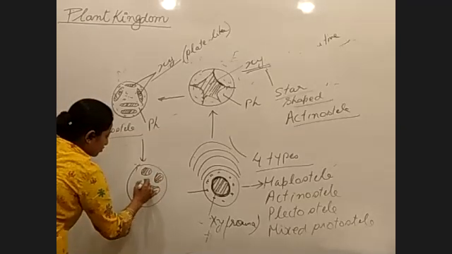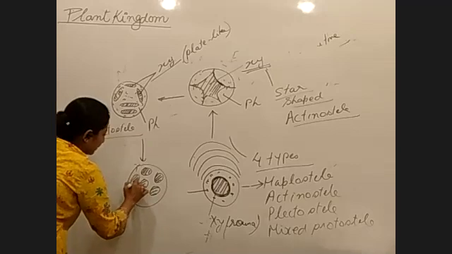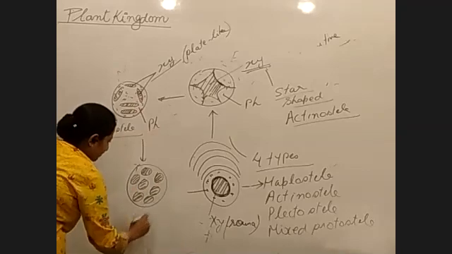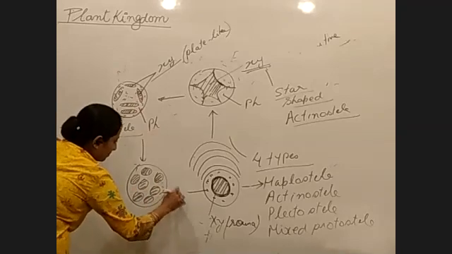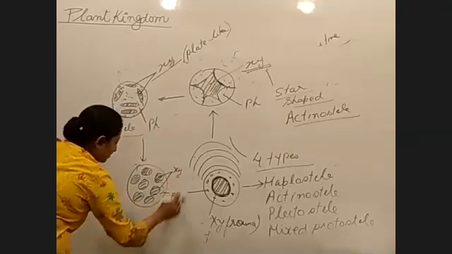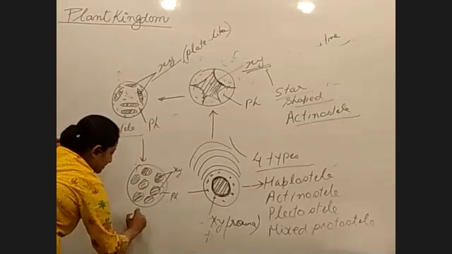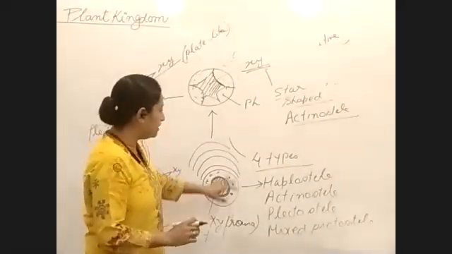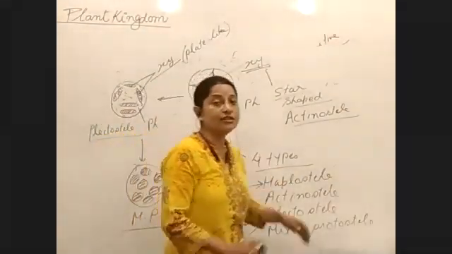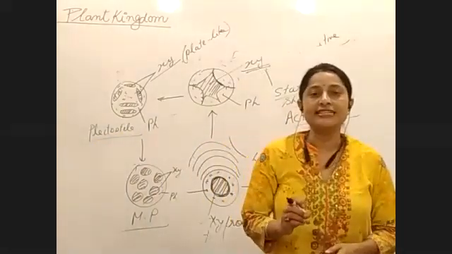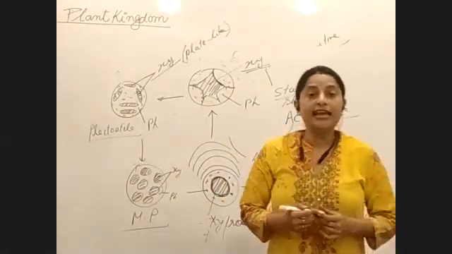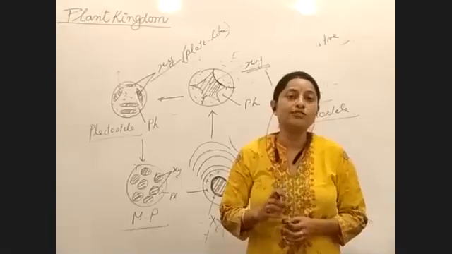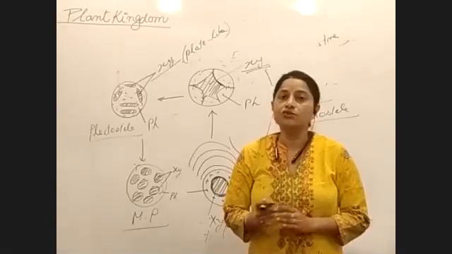This is what is called mixed protostele. They became even smaller: this is phloem and these are the smaller xylem fragments. In stellar evolution, in pteridophytes the first stele that was formed was called protostele or solid stele.